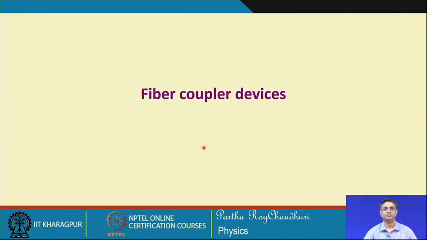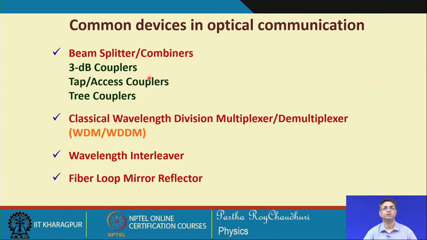Now we will continue with the applications of this fiber coupler and several fiber coupler devices which can be built out of this host of 2 by 2 fiber couplers. For example, the most common use is a beam splitter or combiner, which we compared at the very beginning.